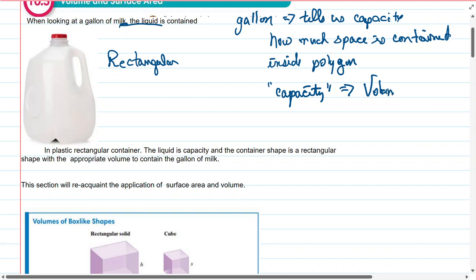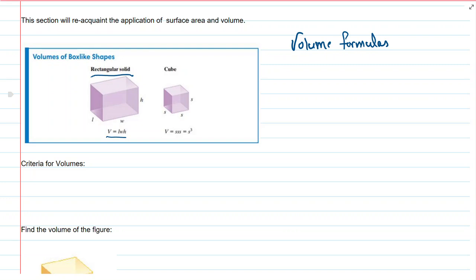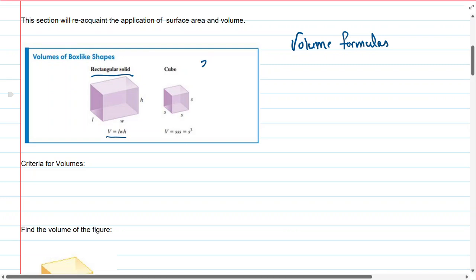So now let's look at some of the formulas that we use to work these problems. All right, so we have volume of a rectangular solid is length times width times height, and a cube is side cubed. So it is a three-dimensional shape to form a solid.